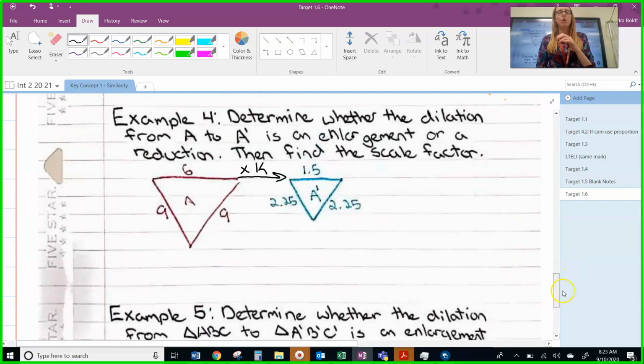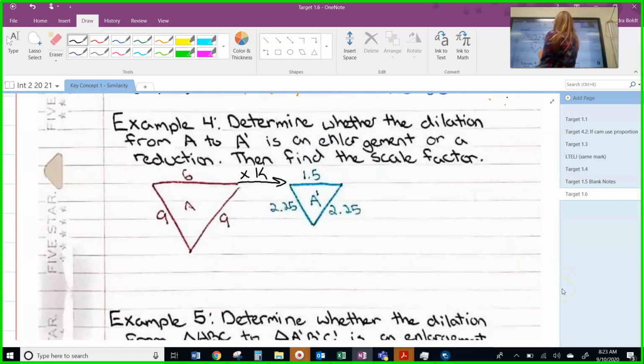So we're just going to do the opposite here. So I start with 6 times some number k is going to equal my new number, 1.5.